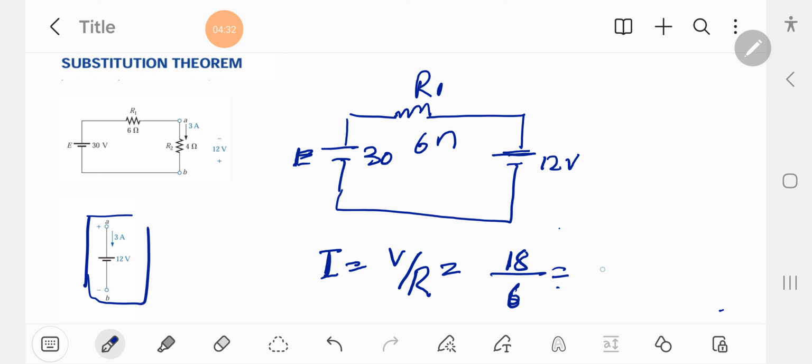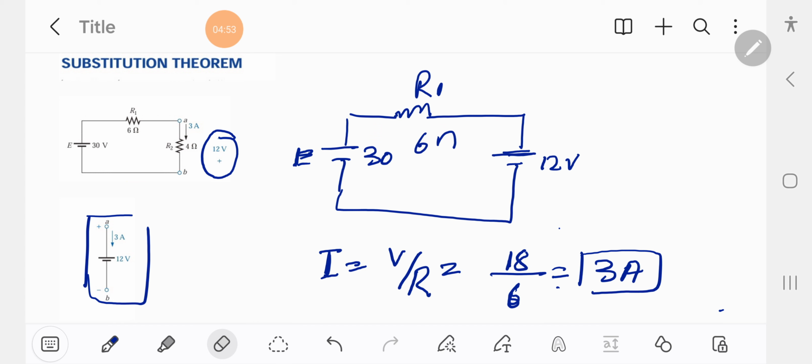So I is equal to 3 ampere. So if we replace this branch by this branch, the defined characteristic of this circuit remains unaltered. So we can replace this branch by this branch.